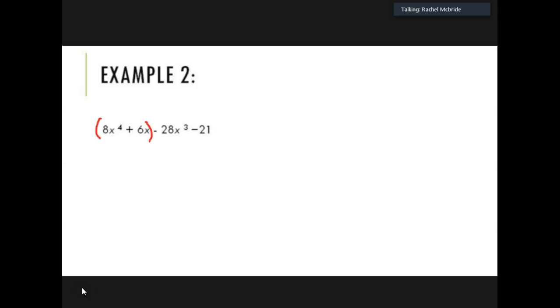When you group your last 2 terms, the negative on the 28 goes inside the grouping. That negative is attached to the 28.